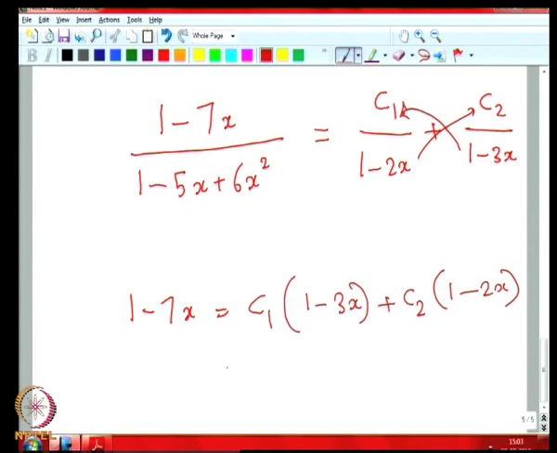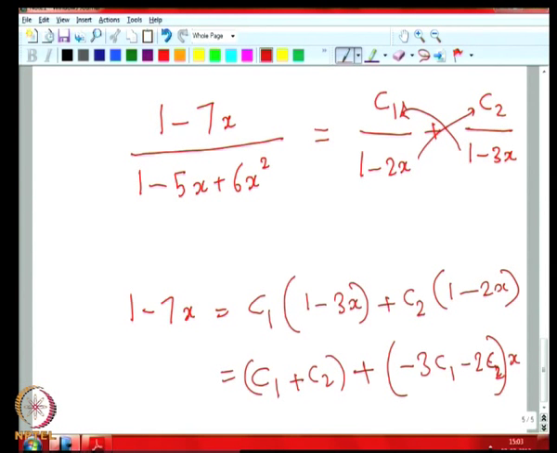So this is c1 plus c2, plus minus 3c1 minus 2c2 times x.